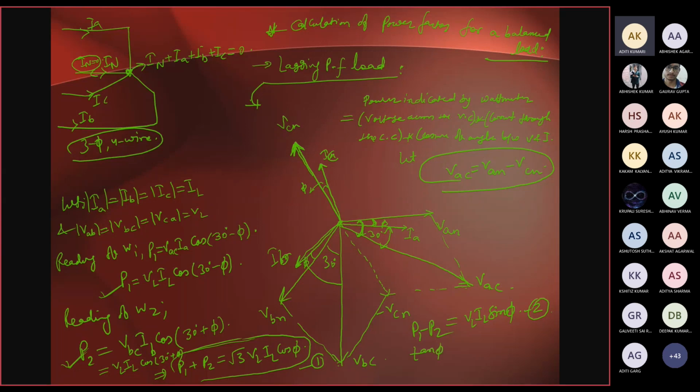Tan phi will be equal to how much? नीचे √3 होगा तो √3 times P1 minus P2 divided by P1 plus P2. So if tan phi is known, then you can easily calculate the value of power factor cos phi, right? तो ये जो है पूरा कैलकुलेशन है using 2 wattmeter method.